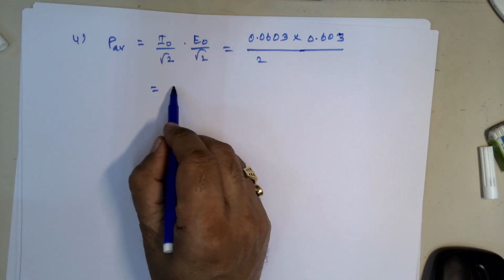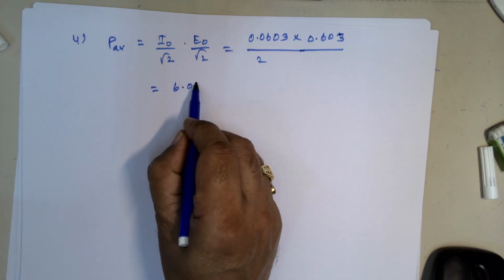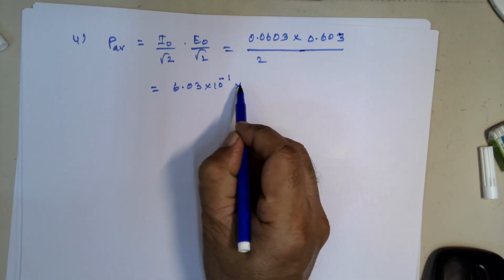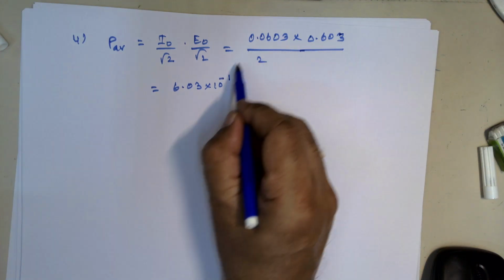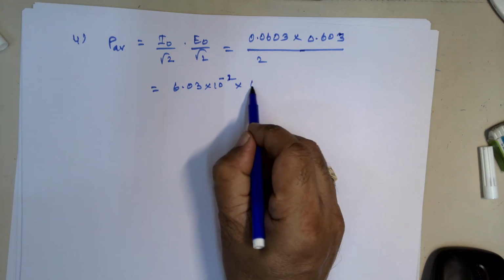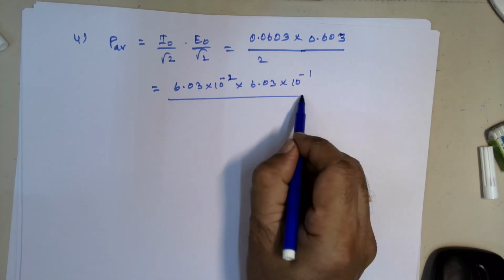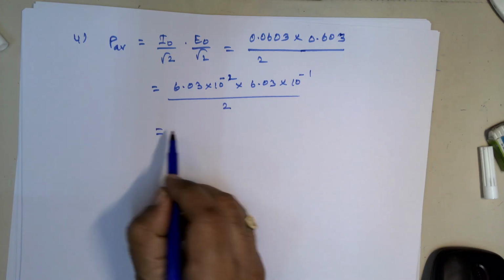So you can make it 6.03 into 10 power minus 1, and 6.03 into 10 power minus 1 whole divided by 2.